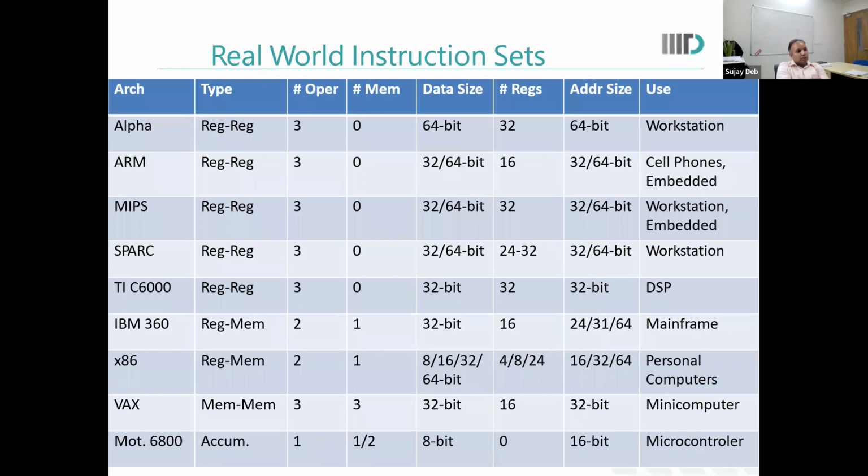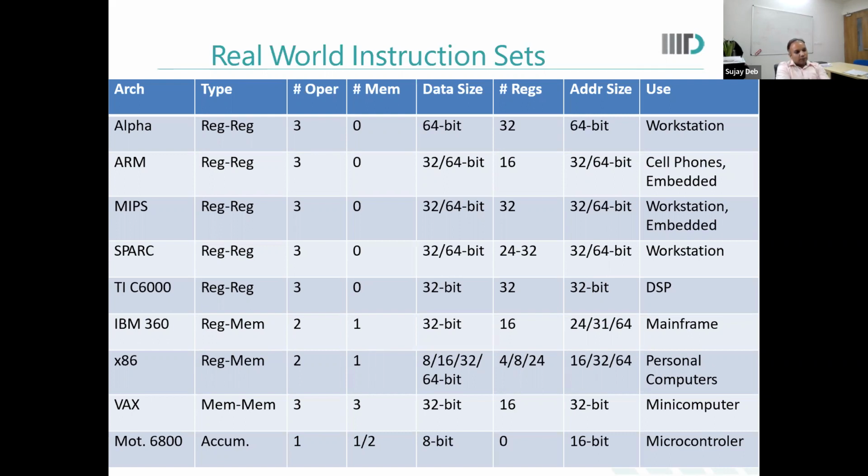IBM 360 and x86 are quite similar. Both of them are register-memory. Two operands are explicitly mentioned. One of them comes from memory, and the register is by default the destination for the result.